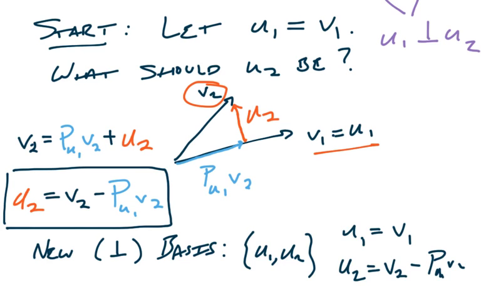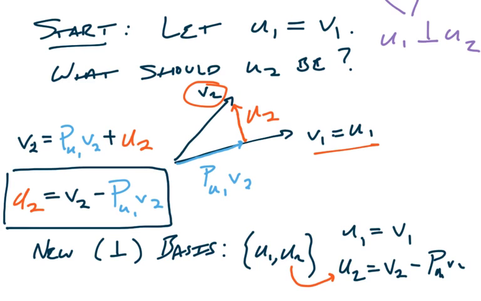So this is how you generate these vectors. In the colors that I used, U2 is this red vector in the picture, and U1 is just V1. I didn't do anything to that. Just leave that one alone.